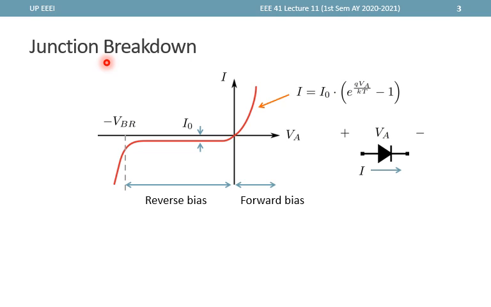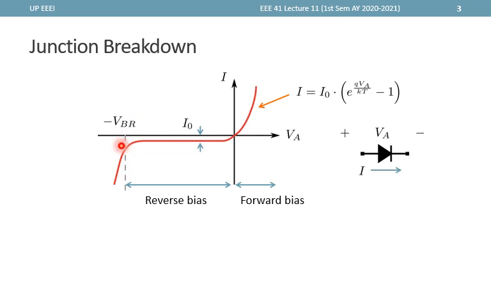What actually leads to the diode being unusable is too much current that it heats up and burns. However, if we get to this breakdown region at a controllable rate or at a limited current, then the diode can still go back to its normal operation, given that we apply the voltage at this range.